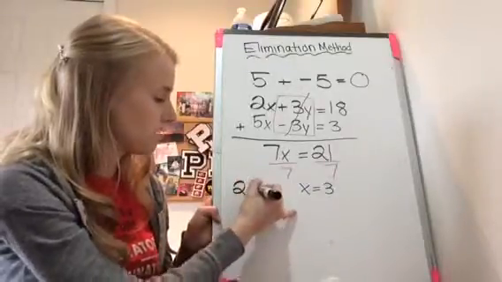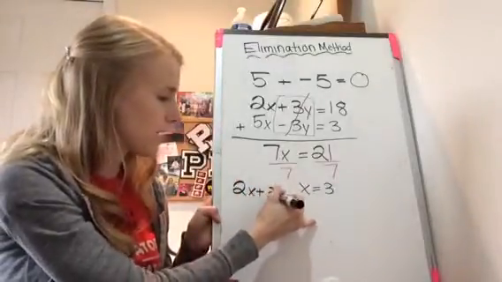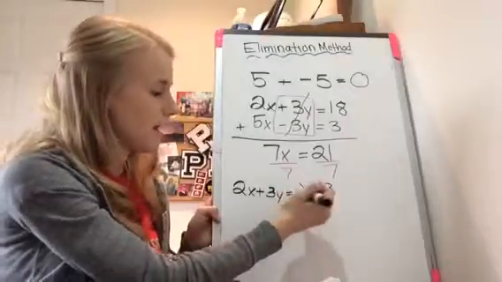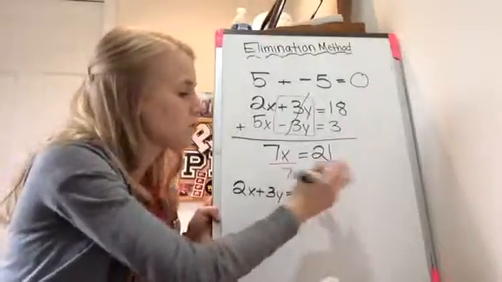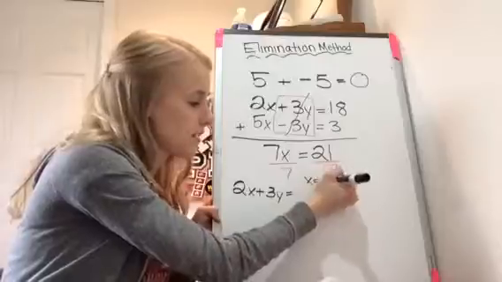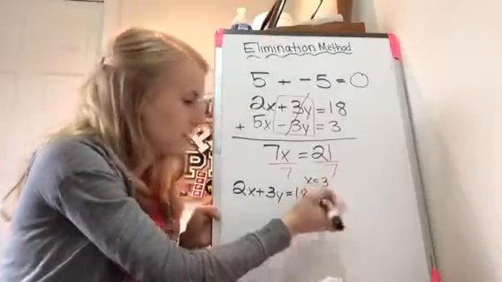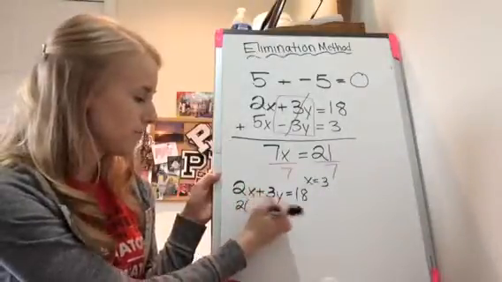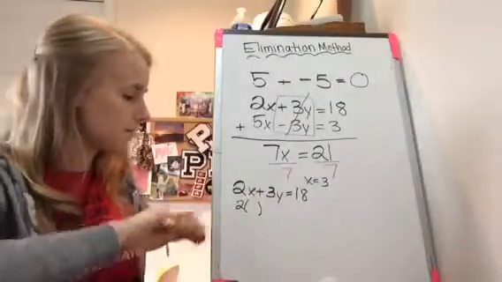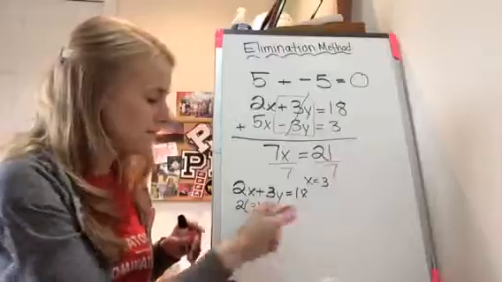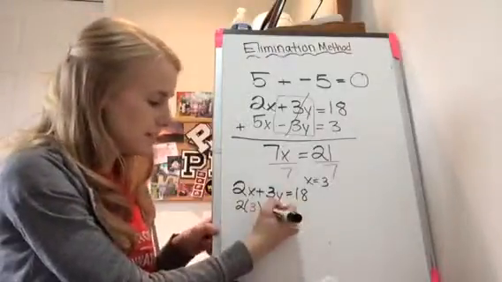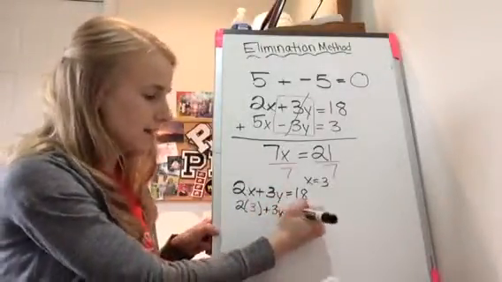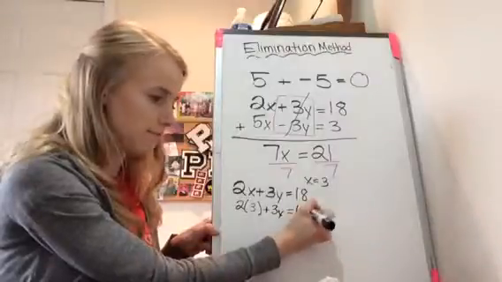I'm going to do 2x plus 3y equals 18. I'm just going to write this a little smaller, x equals 3. Since I know x equals 3, I'm going to do 2 times my 3 plus 3y equals 18.